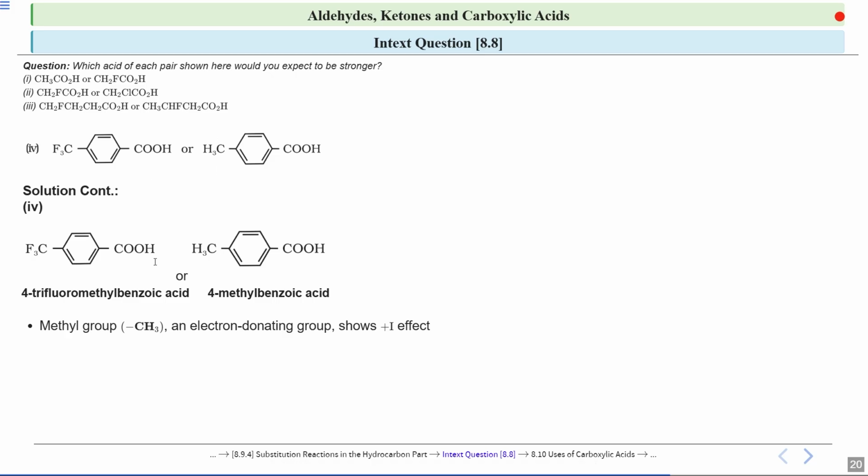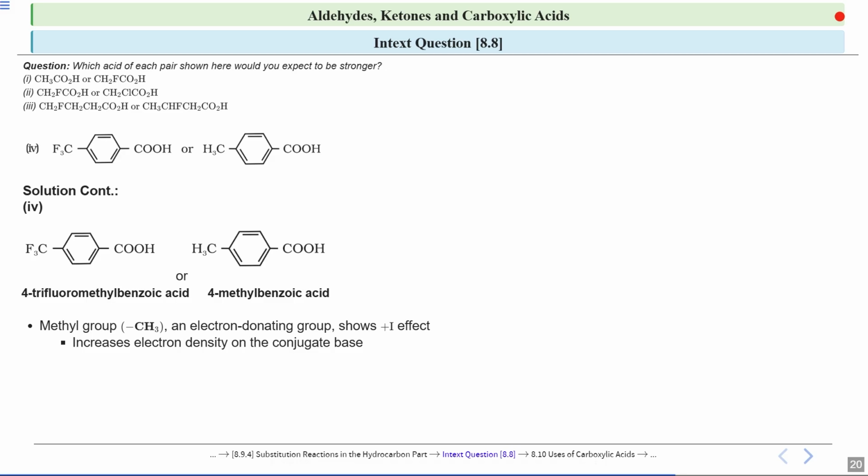So if you see over here, this is donating electron density to this ring. Because the methyl group donates electrons, it increases the electron density on the conjugate base. When this loses a proton, it will form a conjugate base, and the methyl group is increasing the electron density on this conjugate base.